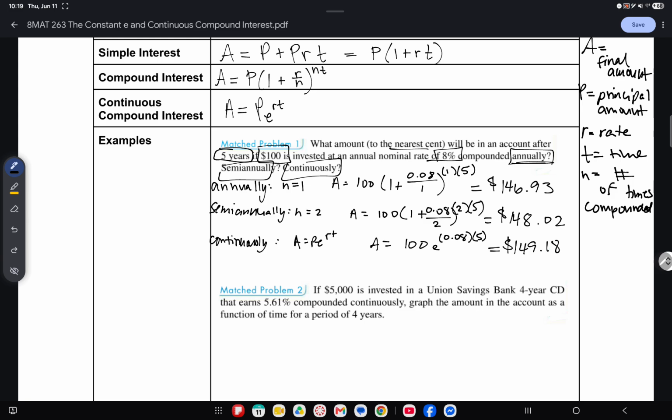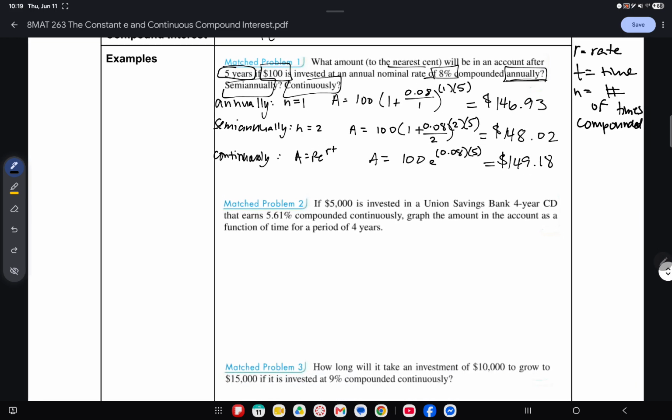All right. Let's try another one. If $5,000 is invested in a Union Savings Bank 4-year CD that earns 5.61% compounded continuously, graph the amount in the account as a function of time. Well, we can graph the amount for 4 years. So let's just evaluate that.